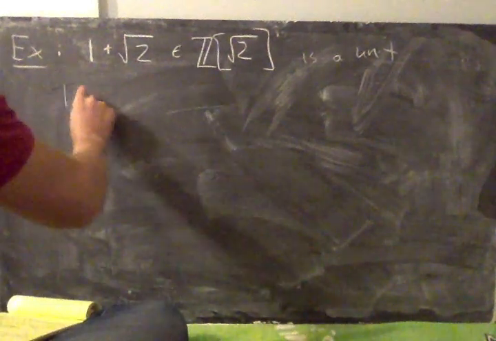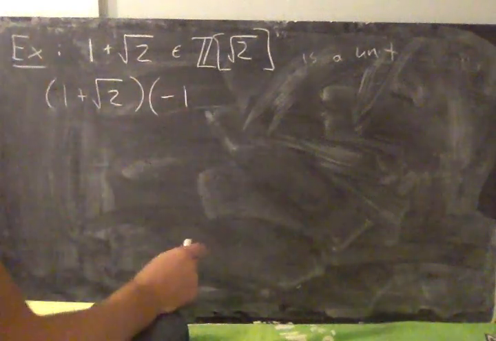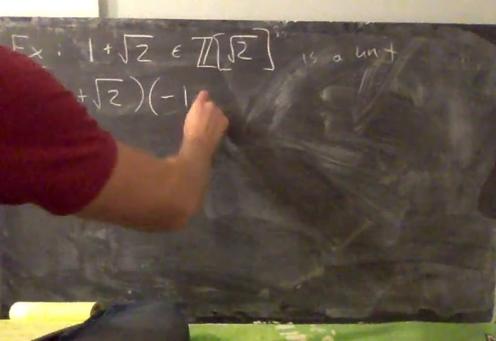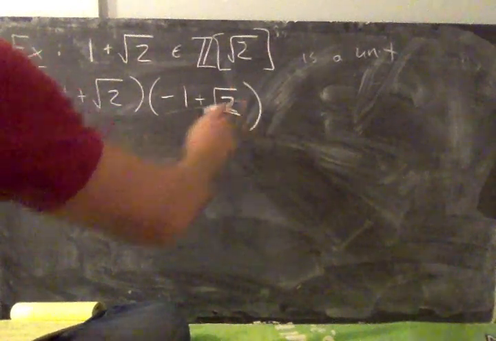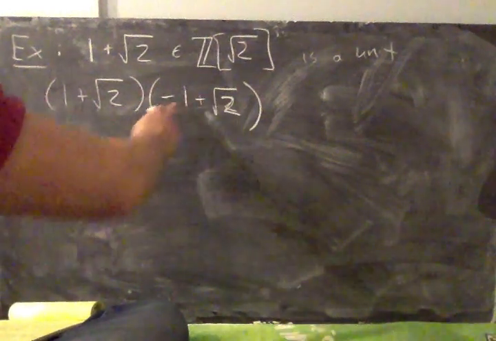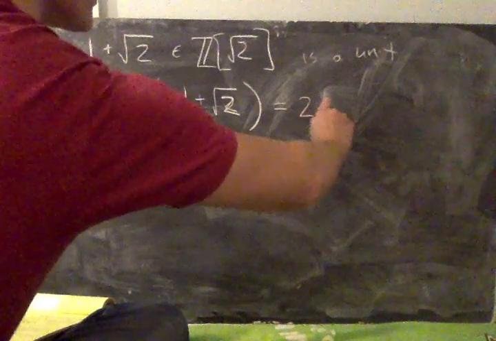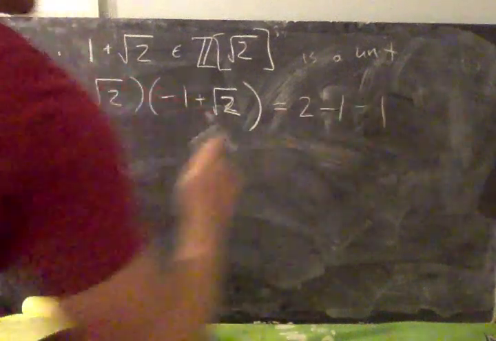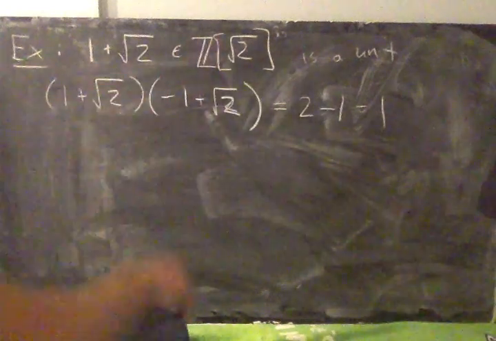We can just find something that multiplies this and makes 1. It's a plus b and a minus b, so this is a squared minus b squared. In other words, it's 2 minus 1 when you FOIL, and that's 1. So this is a unit in this ring.